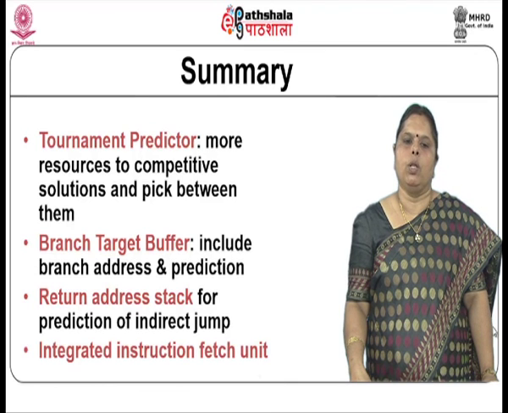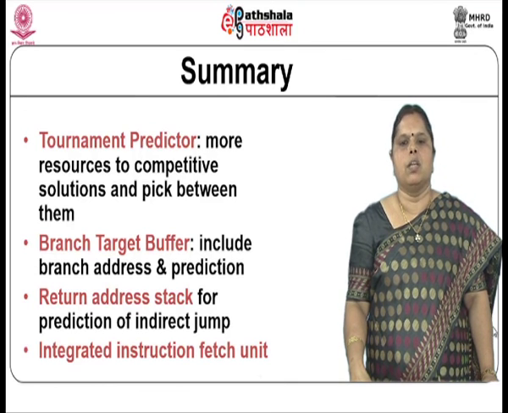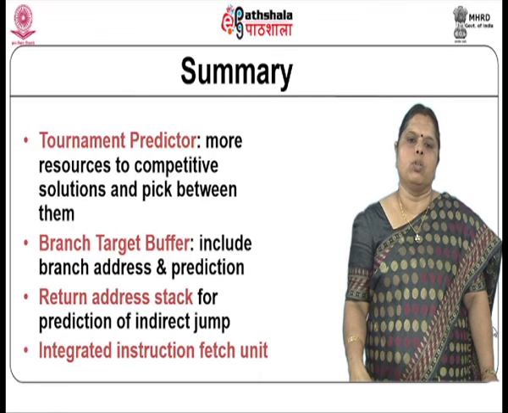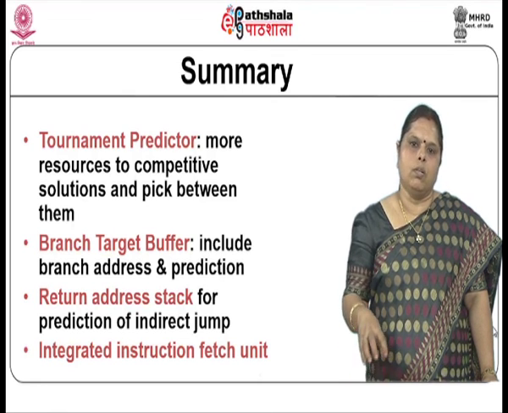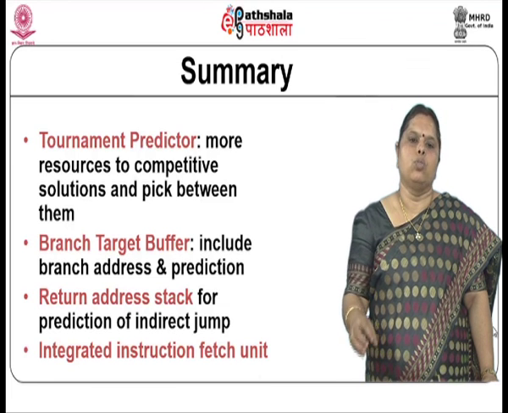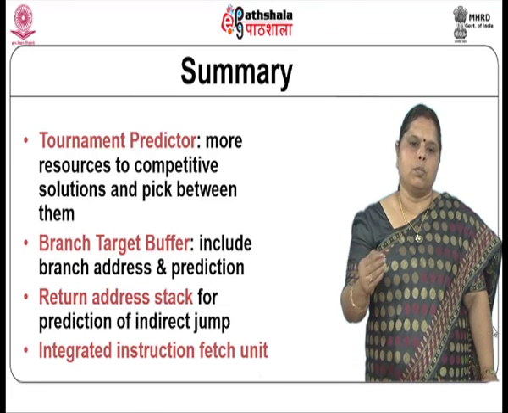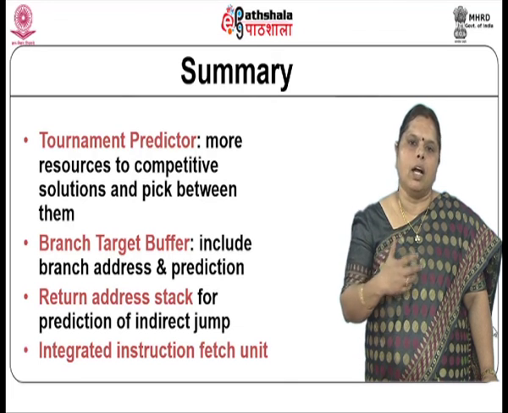And last of all, we looked at an integrated instruction fetch unit, which is implemented in most of the processors because fetch itself has become a very complicated process now, which will have a very important impact on the performance of the processor. So, you try to implement the branch prediction and all that in the instruction fetch unit, do a prefetch of instructions so that you are able to give an uninterrupted flow of instructions to the processor for execution.